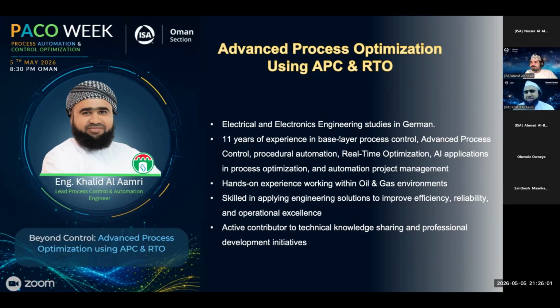And maybe AI or regression, you can call it AI for marketing purposes, can help so that you have a hybrid RTO, where certain coefficients of the first principle model get updated by AI. I hope I answered that question.